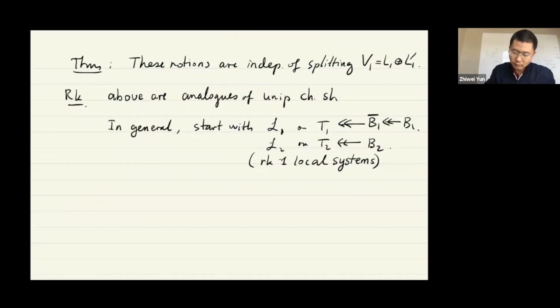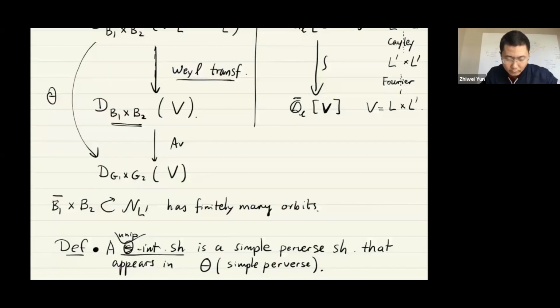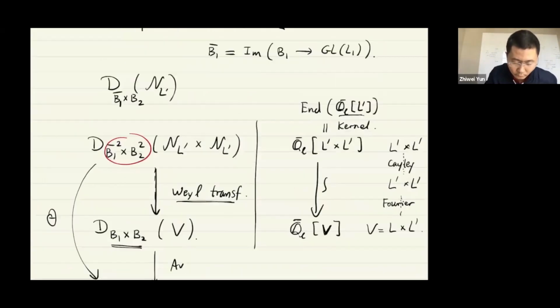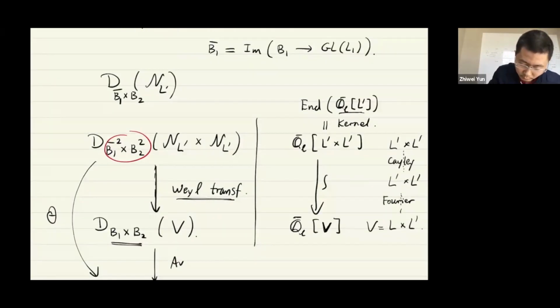And then we just need to modify the starting point. So here, instead of looking at sheaves equivariant under B1 squared, B2 squared, we say equivariance against these local systems.